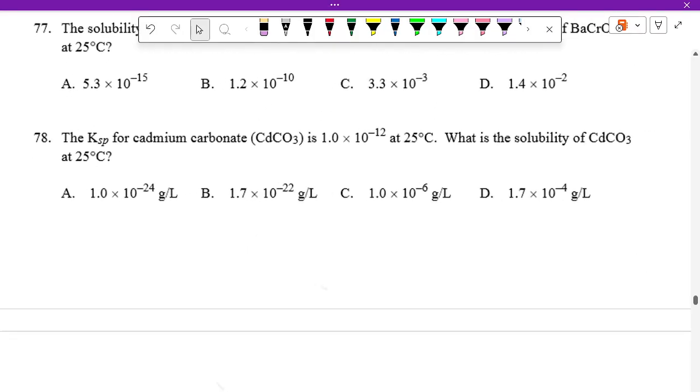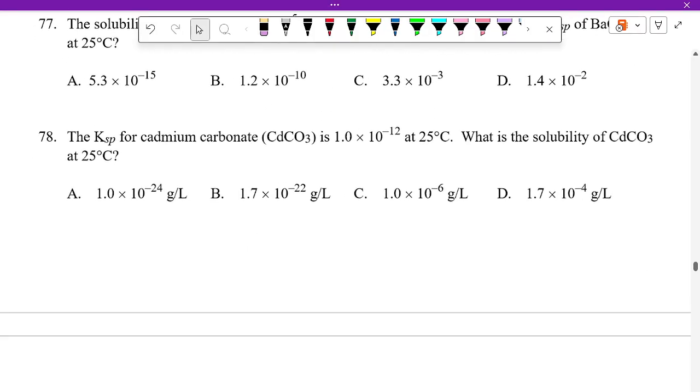KSP for cadmium carbonate is 1 times 10 to the negative 12. What is the solubility of cadmium carbonate? For this one, I would use the multiple choice method of finding solubility, which is, this is a 1-to-1 salt. Yeah? So KSP for a 1-to-1 salt is equal to X squared.